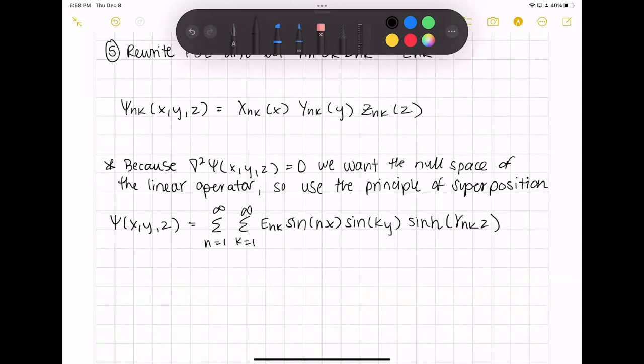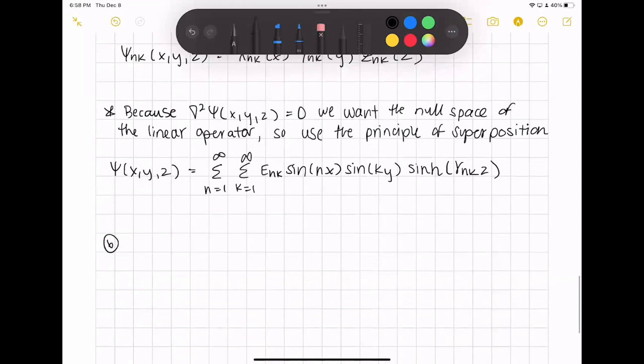And then the last step to do is to solve for our constant, E_nk. What we want to do is apply our last boundary condition.